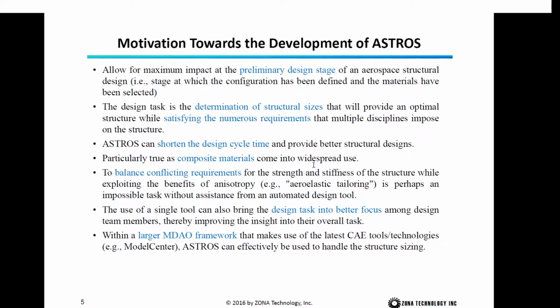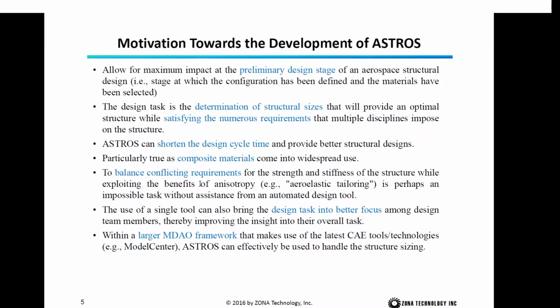This is because, unlike the isotropic material, the thickness of each element is a design variable. But for composite material, for example, if you have 16 layers, then the thickness of each layer becomes a design variable. So for a composite structure, the number of design variables increases drastically.